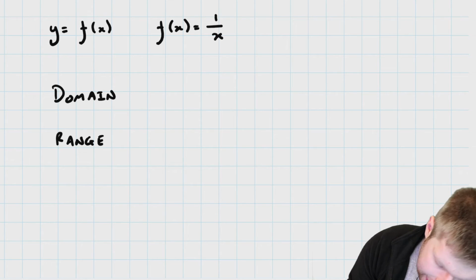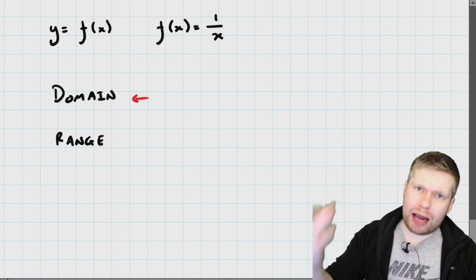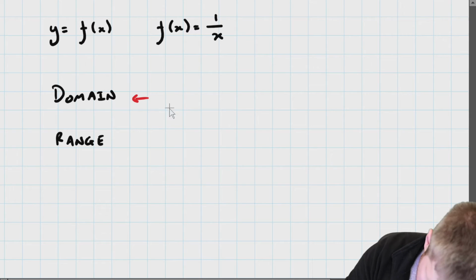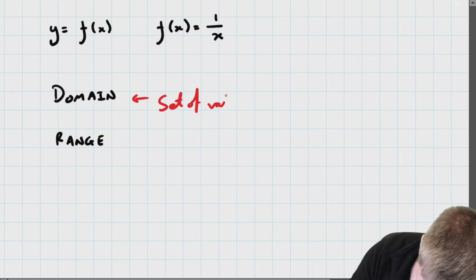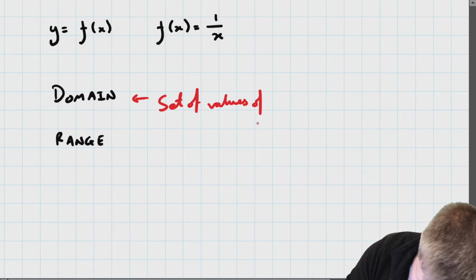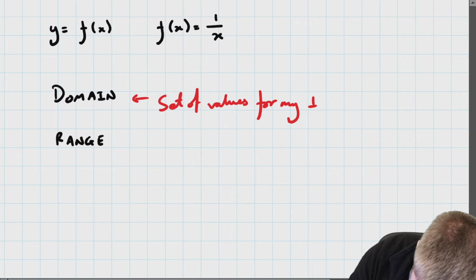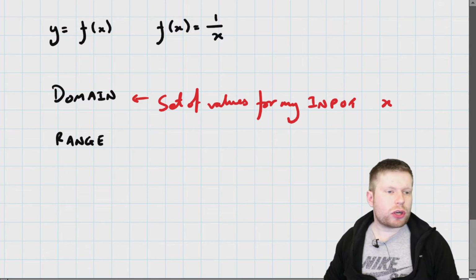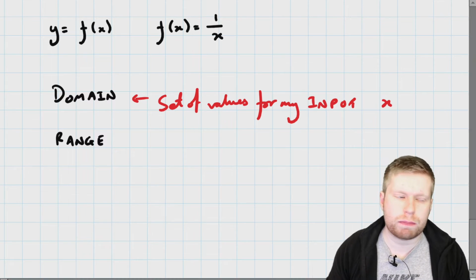So in this case, my domain corresponds to the set of values for my input. In other words, my x's, okay? So what values can I physically put into this function?